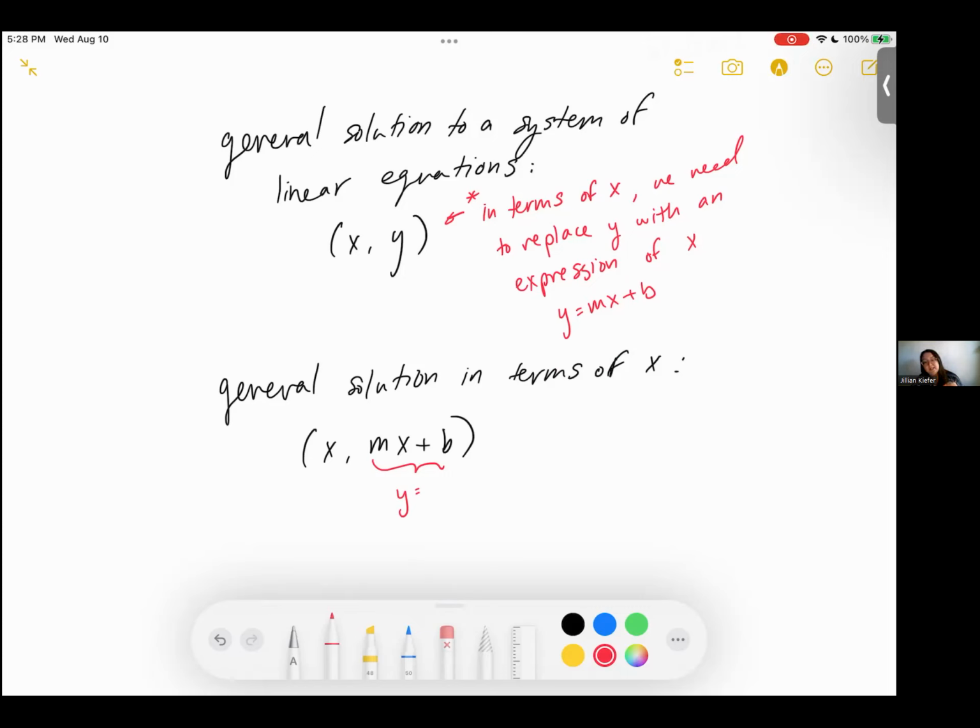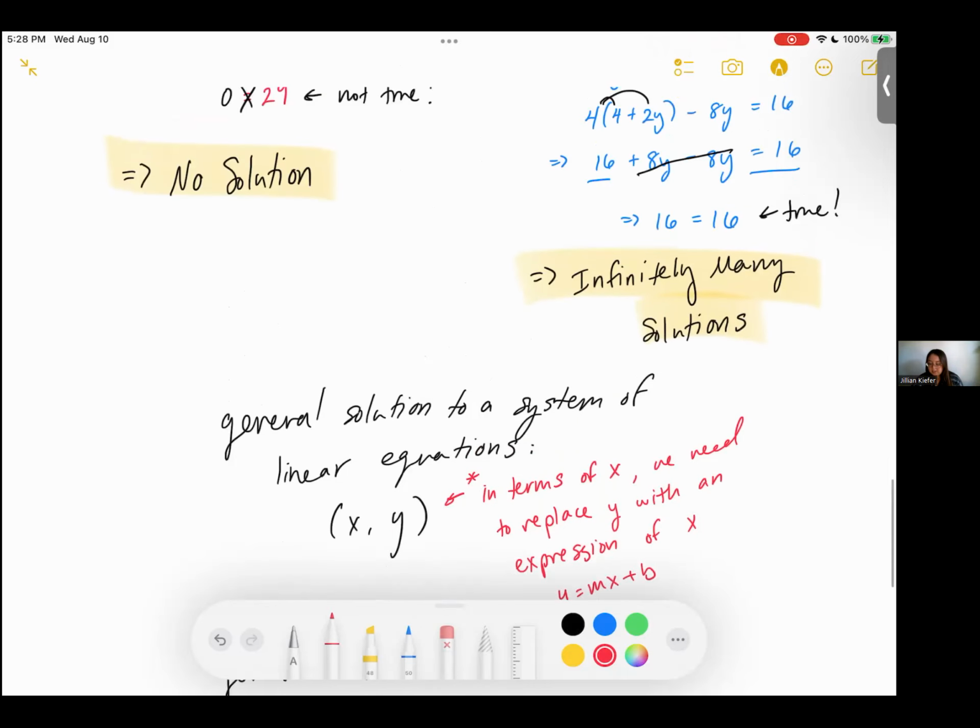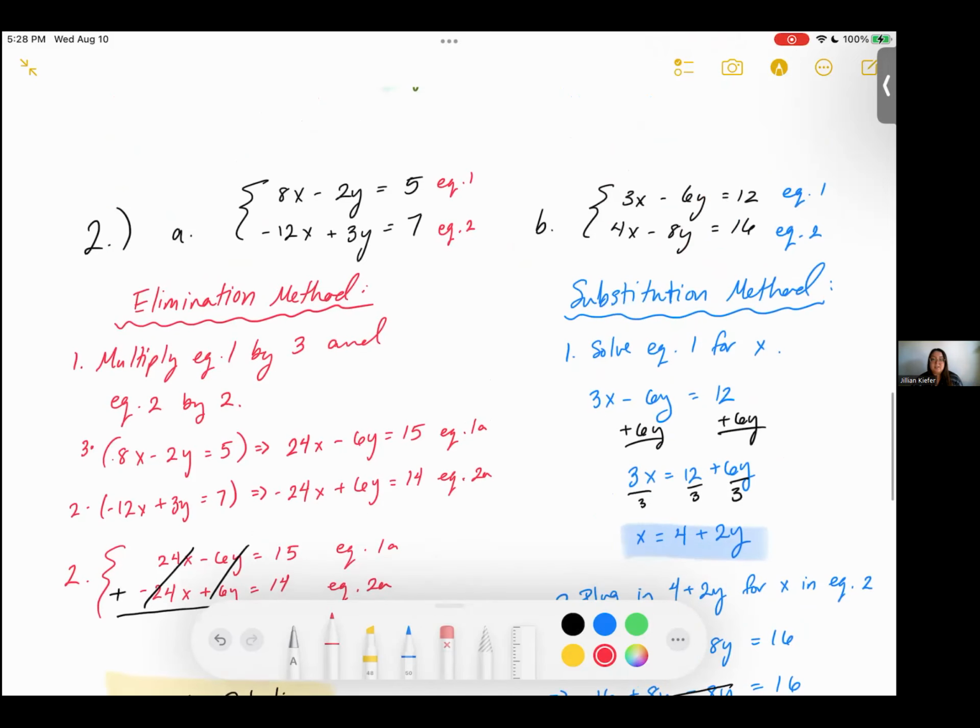So you will be replacing that value of y with the mx plus b expression, which we said we can solve for, y is equal to mx plus b, from any one of our equations, which are given to us in standard form.